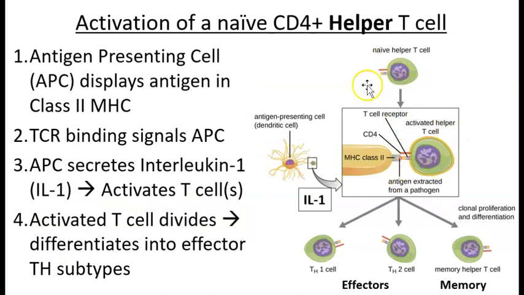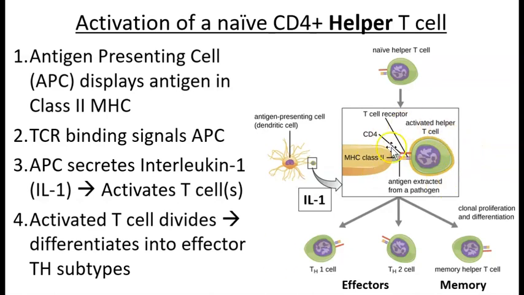And if we look at this process here, we can see the stepwise fashion right there. Your antigen presenting cell, or APC, is displaying the antigen. Your T cell receptor binds. And when this happens, that antigen presenting cell is going to secrete one of those cytokines that I talked about before. In this case, the APC is going to secrete interleukin-1, or IL-1, and that is actually going to activate that T cell to divide.